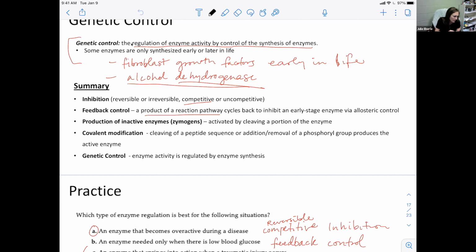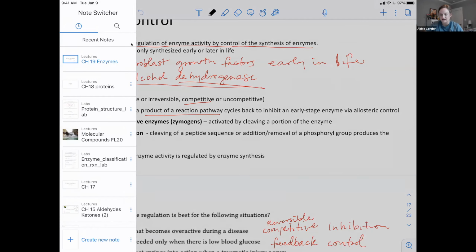There's one on the homework. Is it 1959? Uh-huh. Those are the ones.